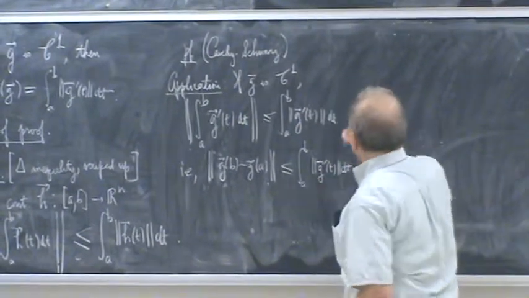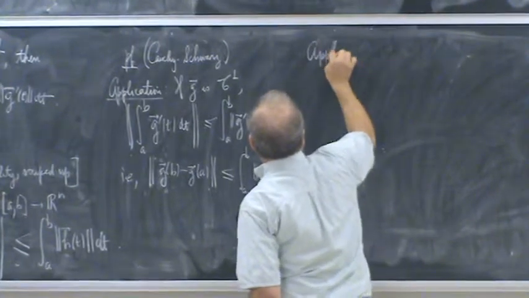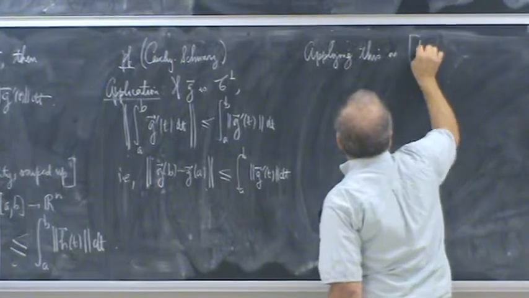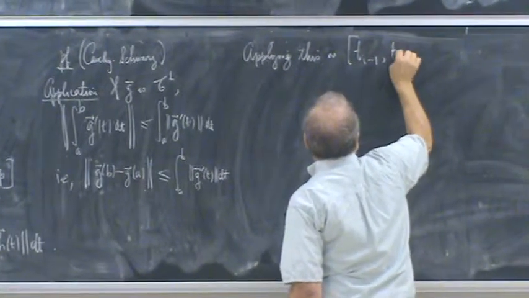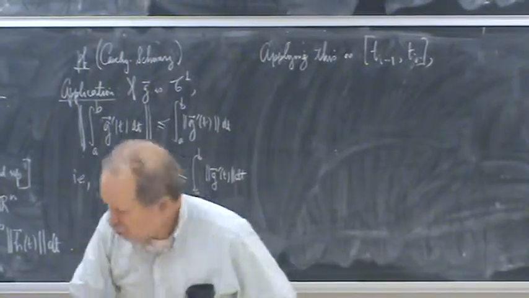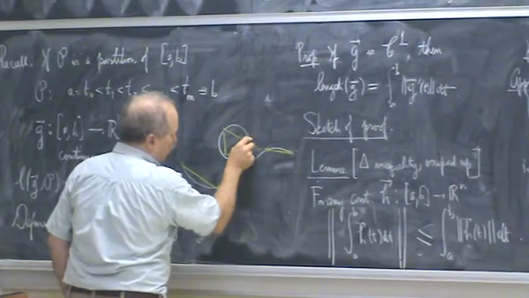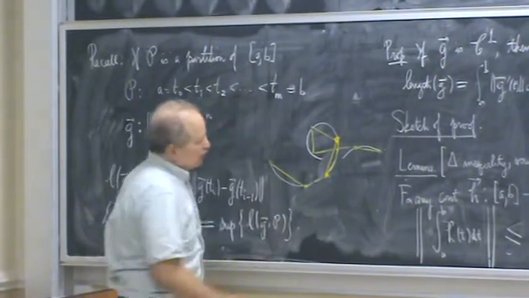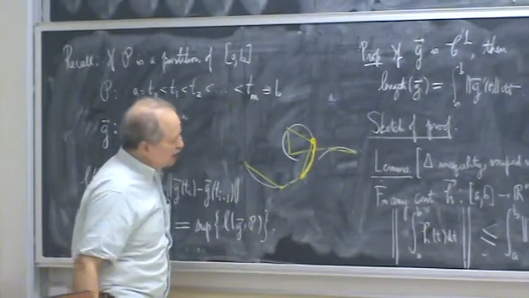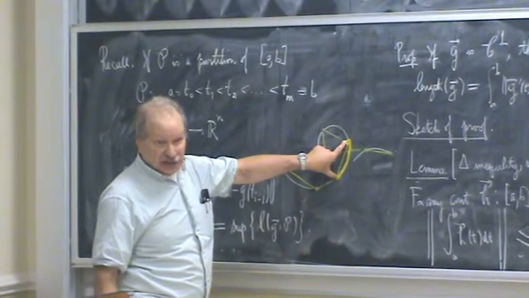So what does this tell me, generalizing this thing? Applying this on each interval of our partition, what does it tell me? Well, it tells me what you just told me a second ago, that if I go from this point to this point along the curve, the integral of the magnitude of g prime, the speed, is at least as big as the length of the line segment.